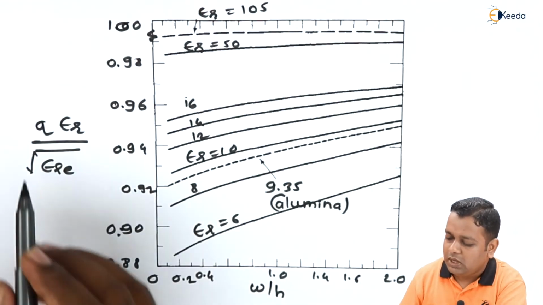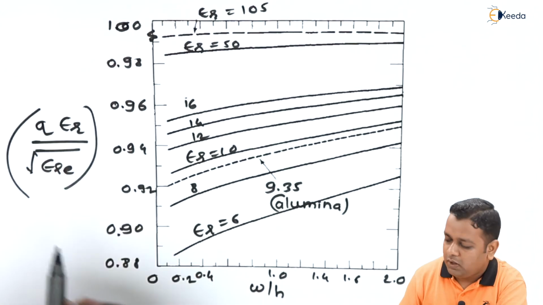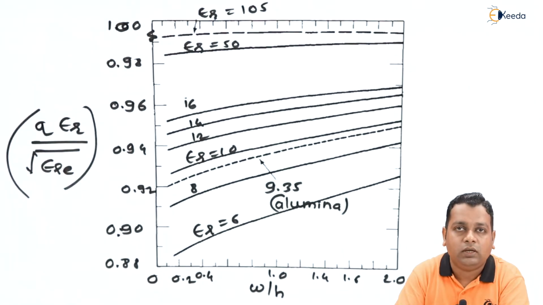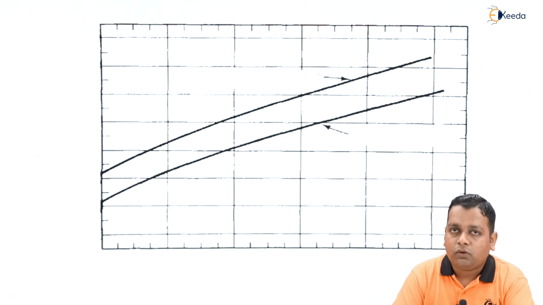So this was the relationship between the filling factor and the W by H ratio in the cross-sectional view of the microstrip line. We have another plot also.